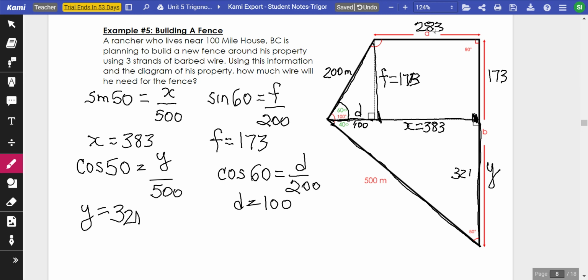Okay, so now we have enough information to find out how much fencing will be required.